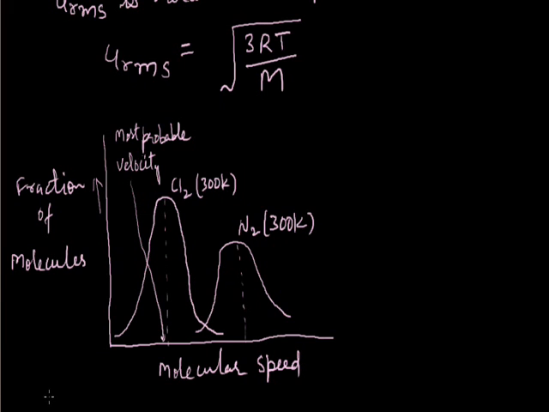This is a graph showing distribution of molecular speed of Cl2 and N2 at 300 Kelvin.